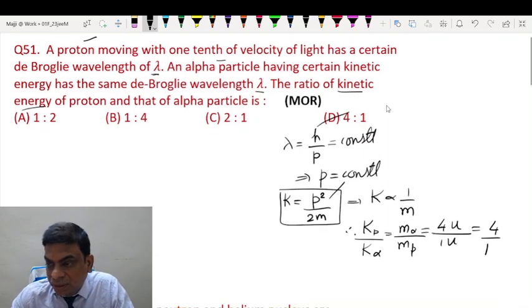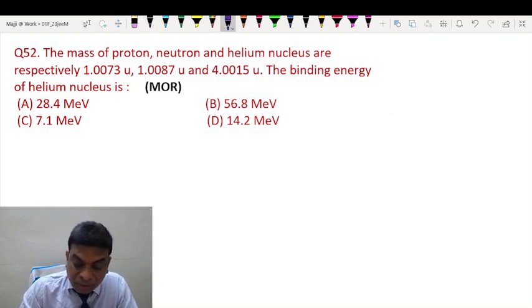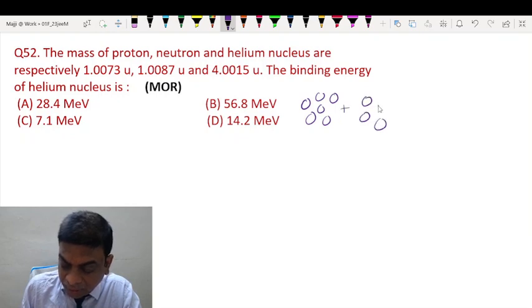Okay students, then moving to the next question. The masses of proton, neutron, helium nucleus are respectively this much; find the binding energy of helium nucleus. Now we all know that individually the protons and the neutrons combine to form a nucleus.